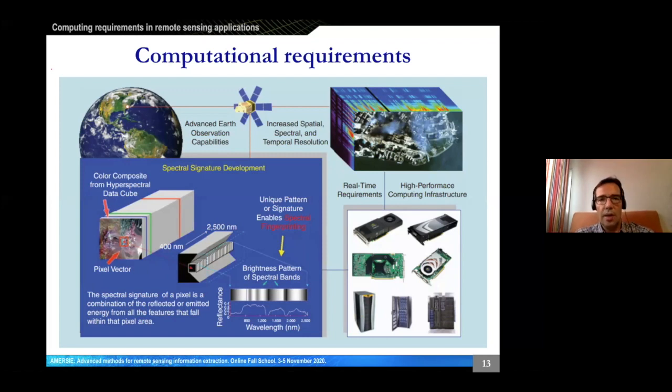So it's a really exciting time for hyperspectral data analysis and also for remote sensing data processing in general, because now we see very close how to do this kind of analysis in real time, at the same time as the data are collected.